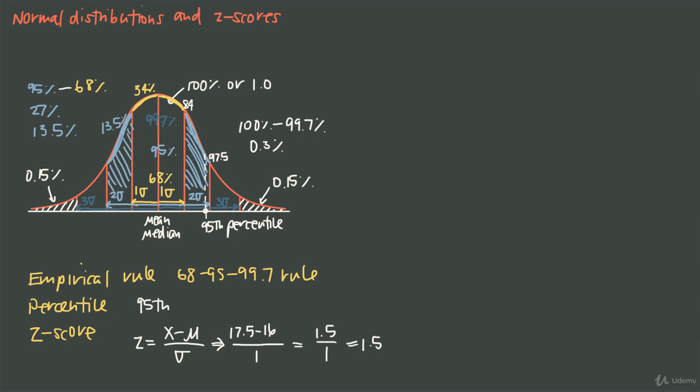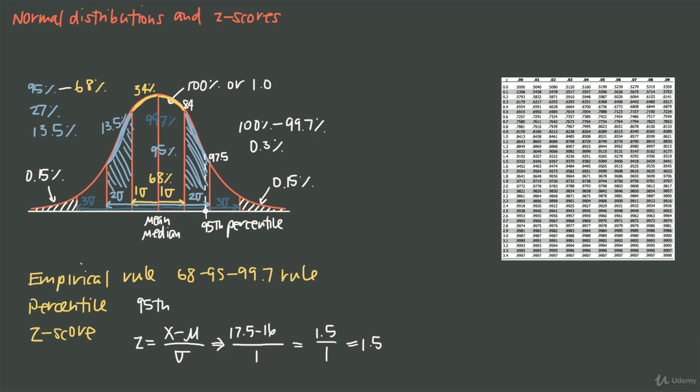Then what we do with our z-score is we go to what's called a z-table. And this is going to look overwhelming at first, but you will use it a lot, so we want to get used to it. So we come here to our z-table, and we have this z-score of 1.5. We want to go down the left-hand side until we get to 1.5.